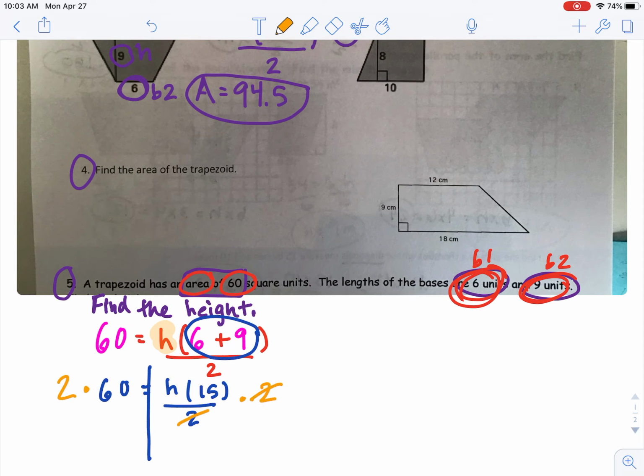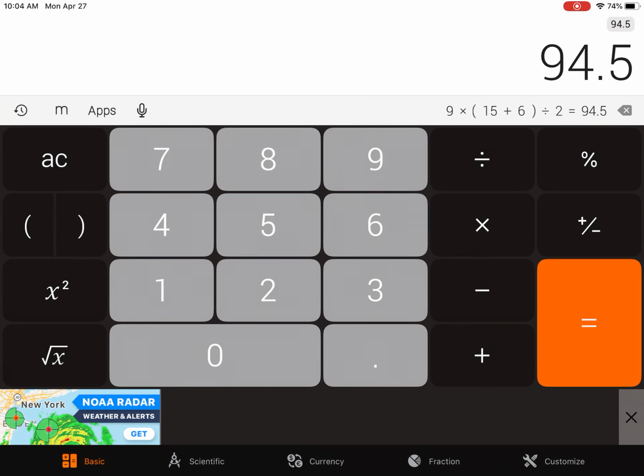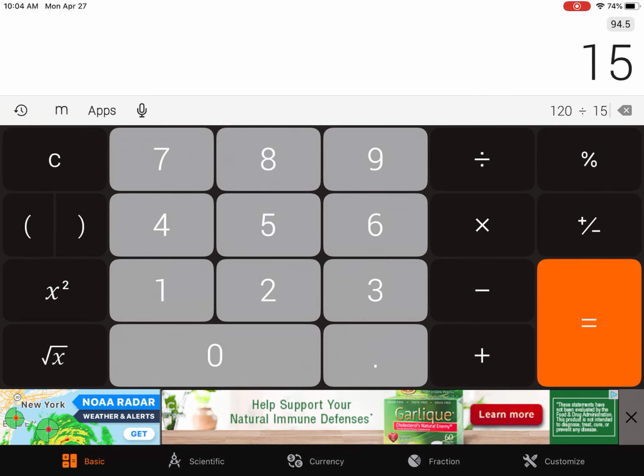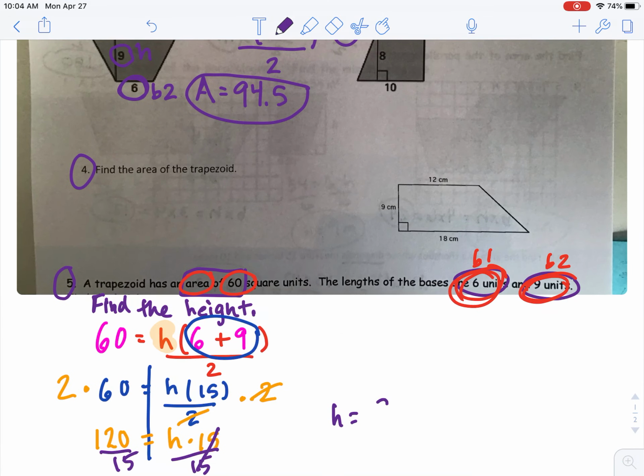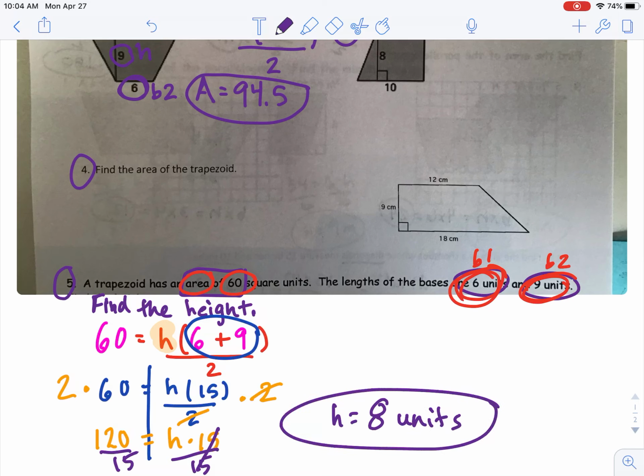You guys know how to do that. 60 times 2 is 120, equals h times 15. And then to solve this, I just divide both sides by 15. And so I pull up my calculator again. 120 divided by 15 is 8. And so I am at 8, and it's just units. Okay, so that's one of the questions where you're going to work backwards.